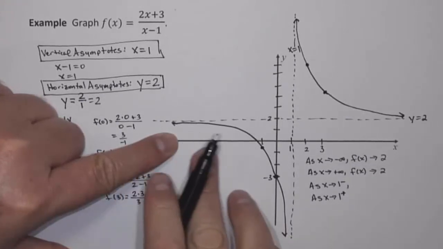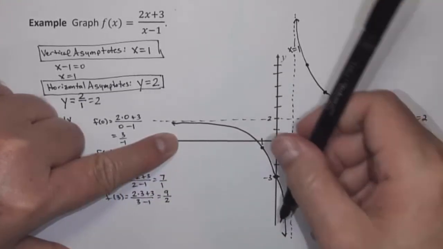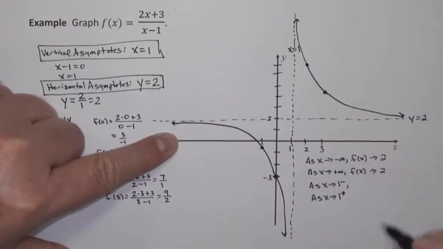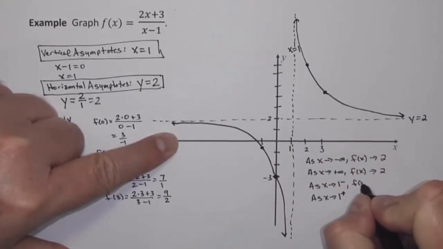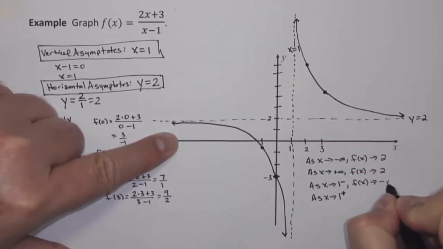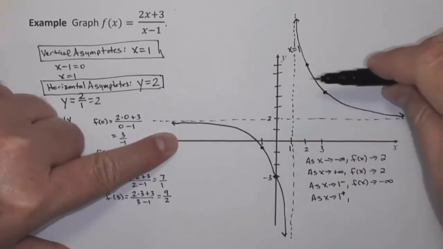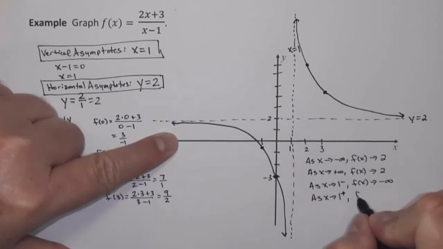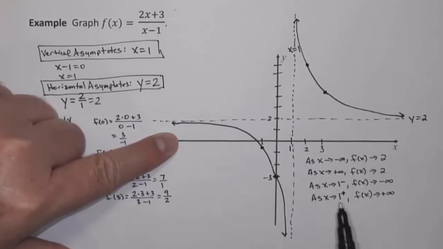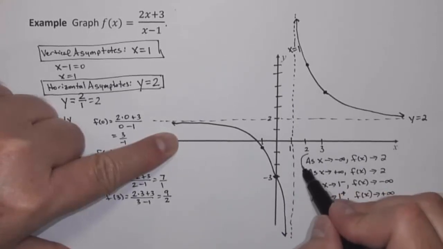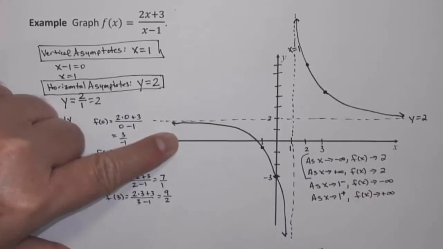Well, as x is approaching 1 from the left, the y values are going to negative infinity. So I'm going to say f of x goes to negative infinity. And over here, as we're approaching 1 from the right, f of x goes to positive infinity. So this describes horizontal asymptotes.